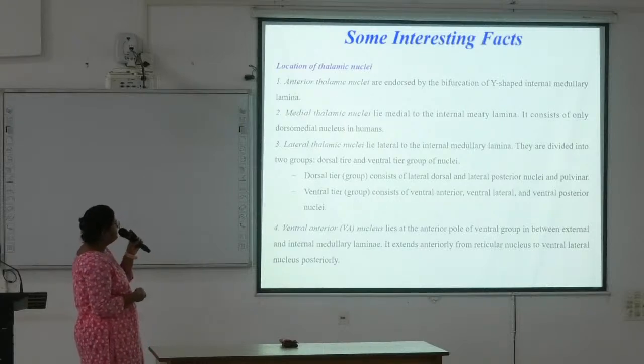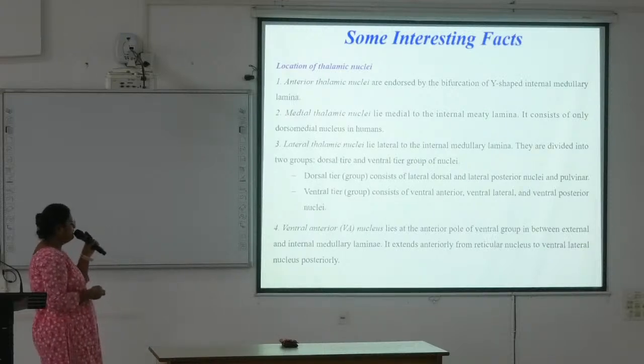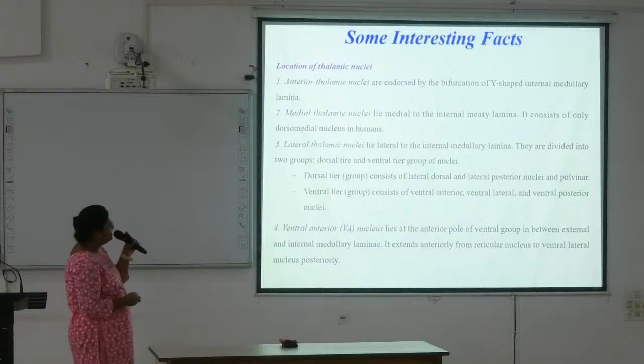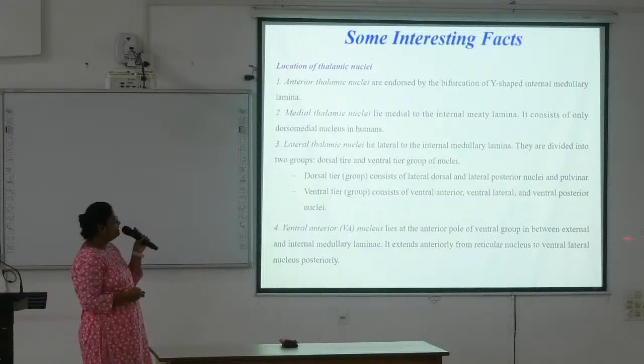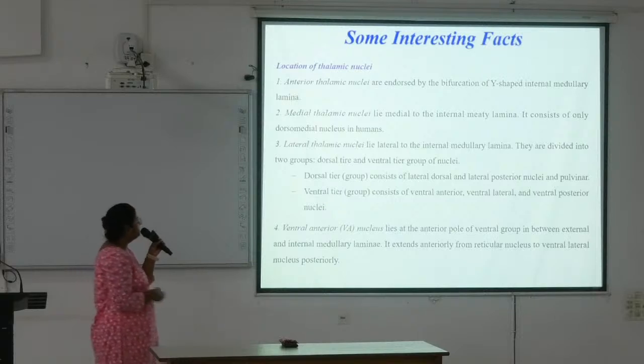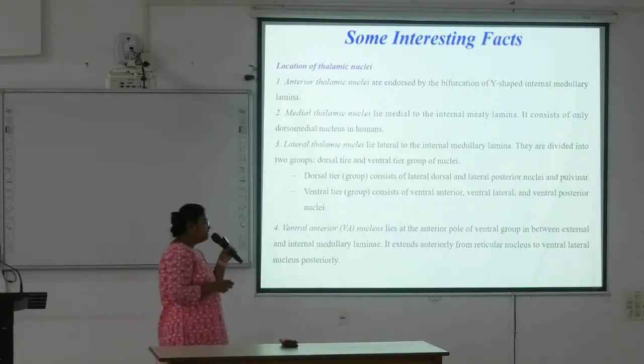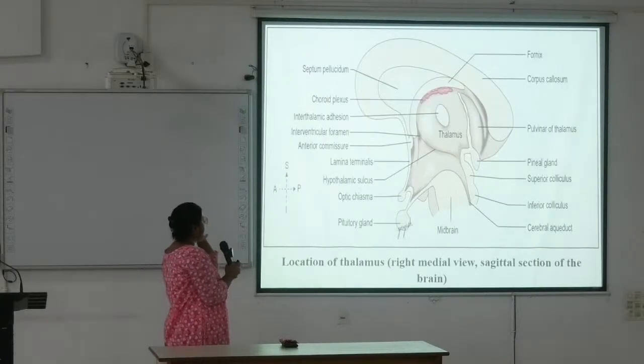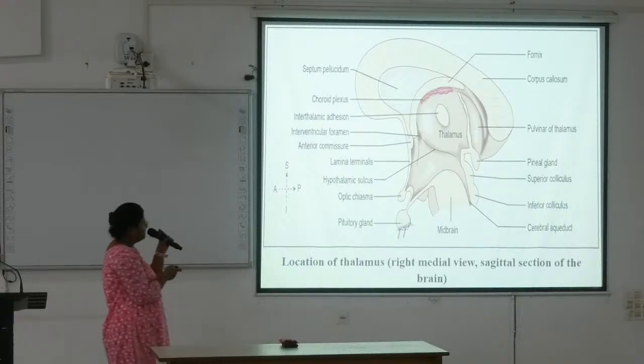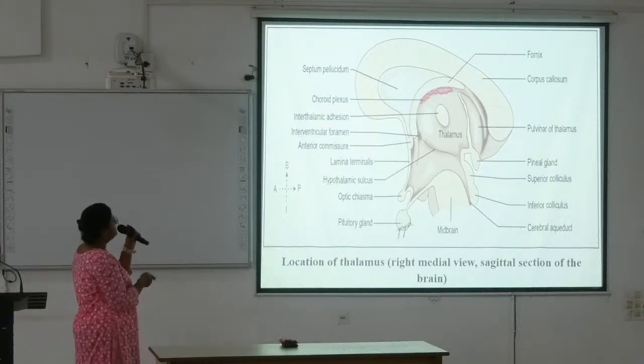Next is ventral anterior, lies in the anterior pole of ventral group in between the external and internal medullary lamina, and it extends anteriorly from the reticular nucleus to the ventral lateral nucleus posteriorly. So these are the locations of different nuclei. See here, this is thalamus.